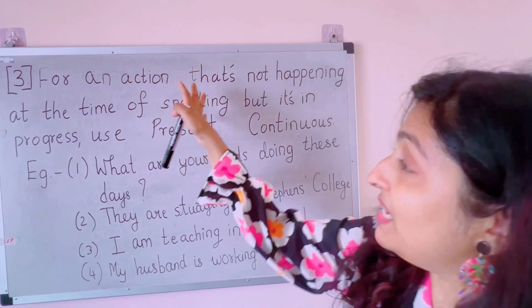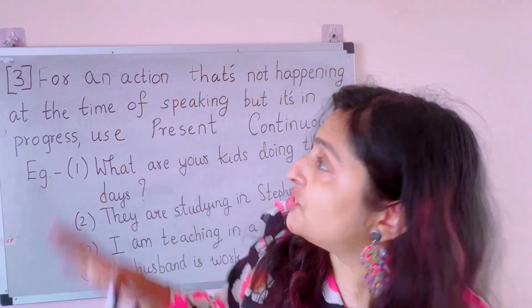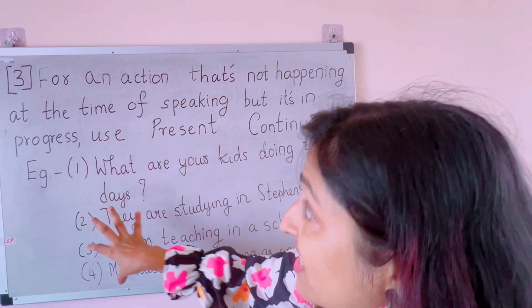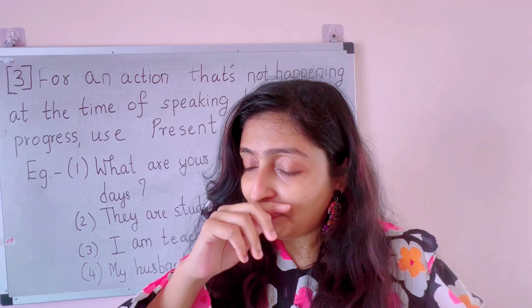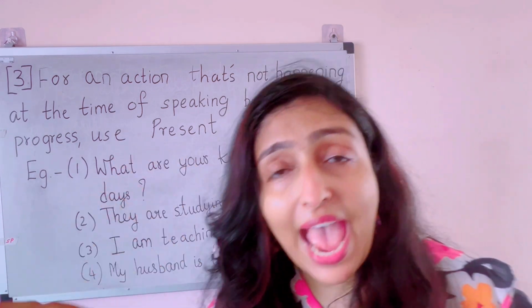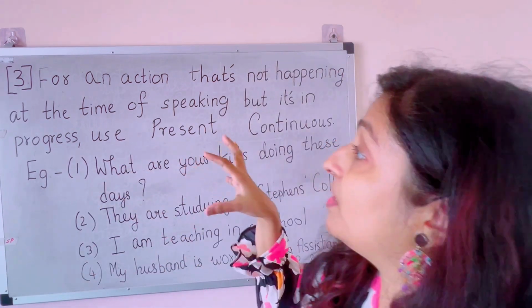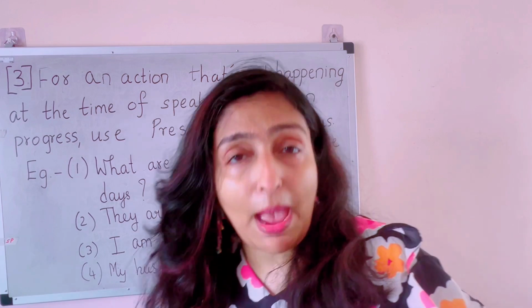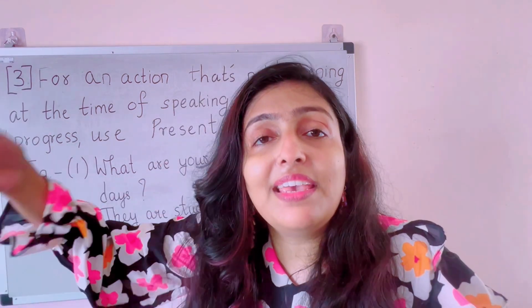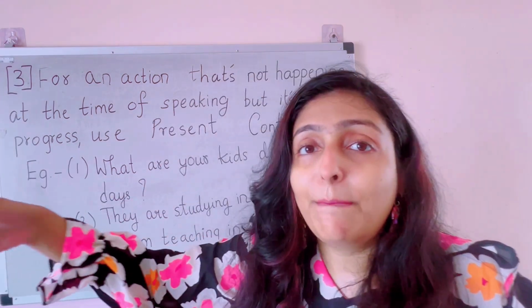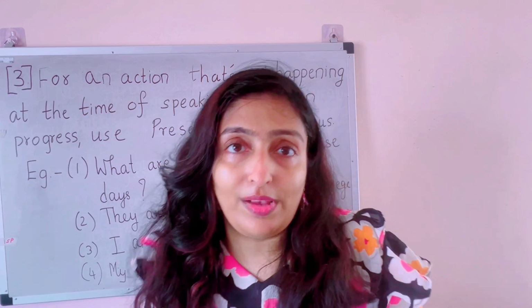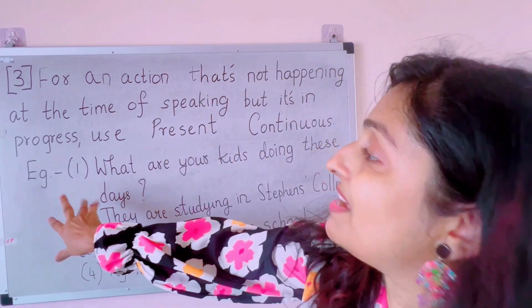Now, what is the meaning of this definition? In these examples, you will find an action which is not currently happening, but that thing is regular, that thing is in progress. Let's have a look at the examples.